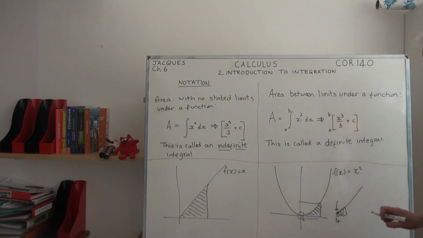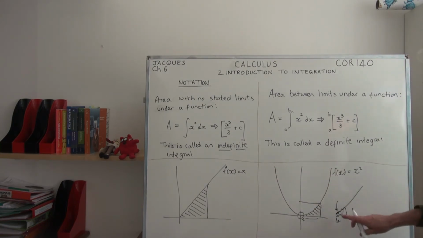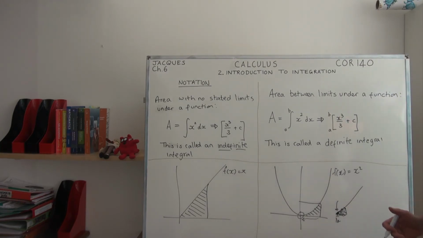which means that we can apply this antiderivative rule and find the area of that one, then find the area of that one, then find the area of that one, and here's where the word integration comes in. We add them all up. We find the total.